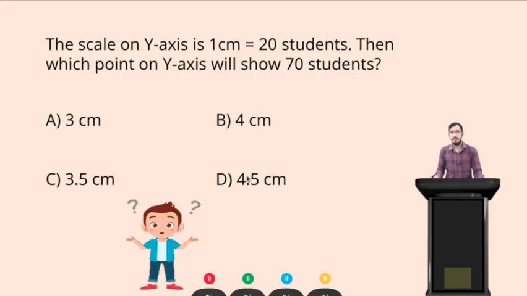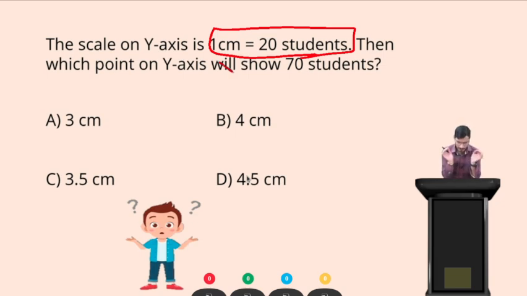Okay, students, now it's question time, and I have a question for you. The scale on the y-axis is 1 centimeter equal to 20 students. Then which point on the y-axis will show 70 students? I am giving you 45 seconds.